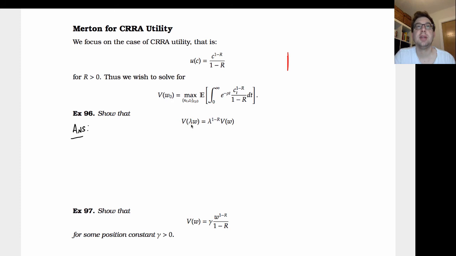So essentially what we've done here is we've considered the value function times by lambda, where lambda is some constant. So essentially we multiplied our wealth by lambda. And we're going to claim that that corresponds to having the same wealth W and multiplying everything by lambda to the power 1 minus R. Okay, so let's just have a look at what our objective function looks like there.